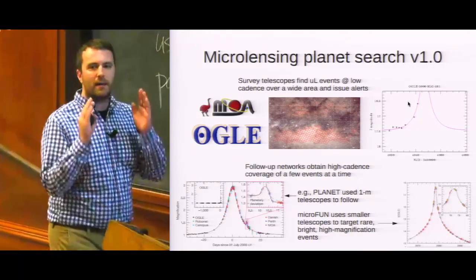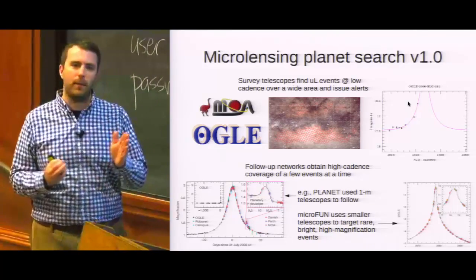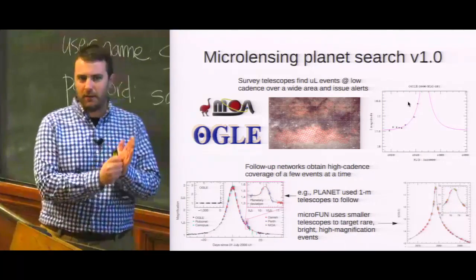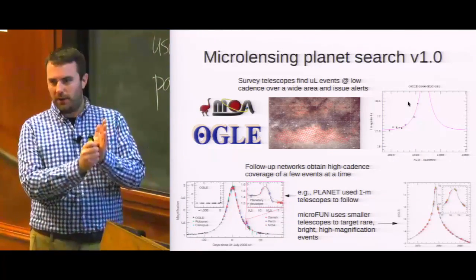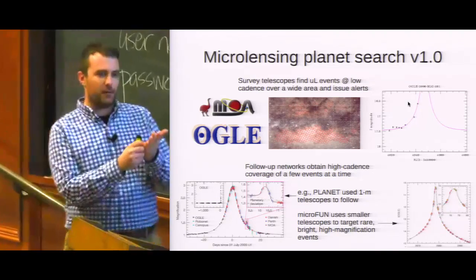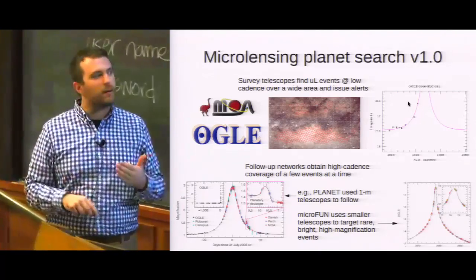They couldn't get the cadence to find planets themselves, but they developed real-time reduction systems to be able to alert microlensing events. Once the microlensing events were found, this greatly increases your chances of finding a planet, because you just need to monitor individual events.